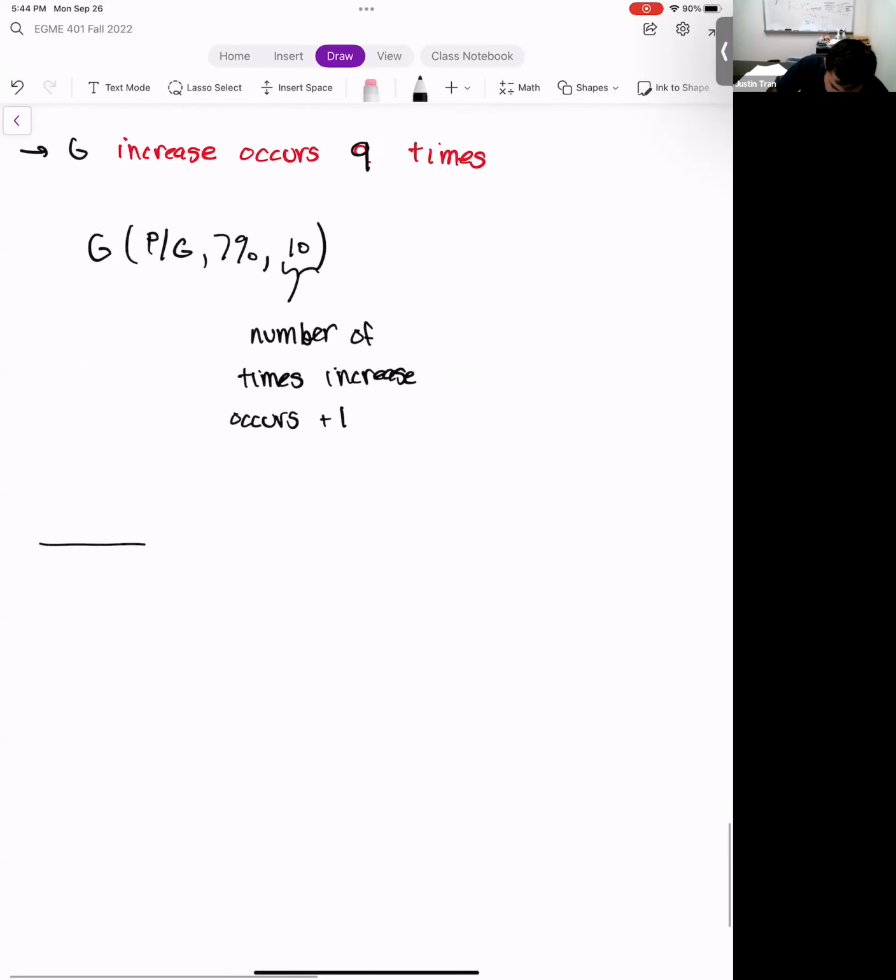And so if we look at the standard form for G, remember, the only time you start seeing increases for G is actually on year 2.